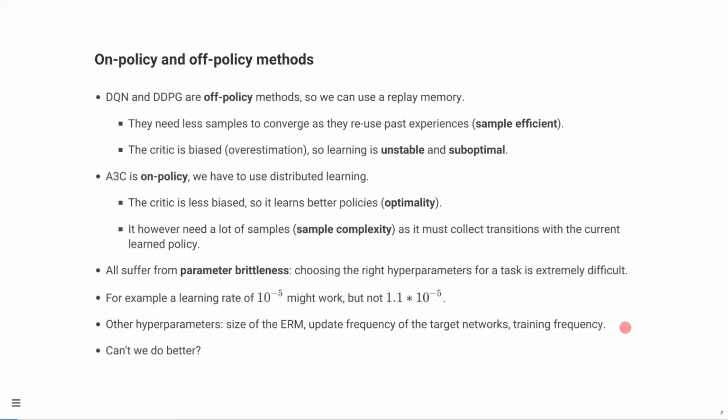And all that is going to influence a lot the results that you obtain. That's a huge issue, and the idea behind PPO is, can't we do better? Can we take the best of both worlds, trying to make an algorithm which is both optimal and sample efficient? It's not entirely true, but at least it will be better than the state of the art.